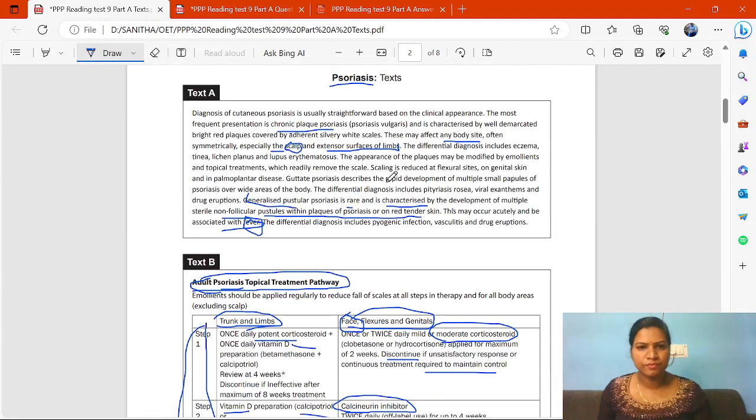Palmoplantar psoriasis. What is the chronic plaque psoriasis?